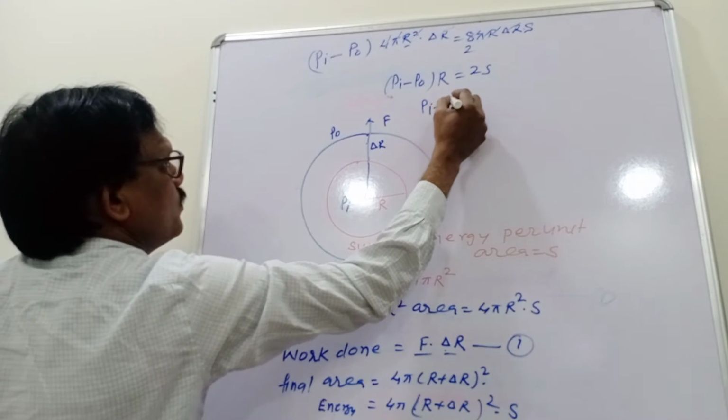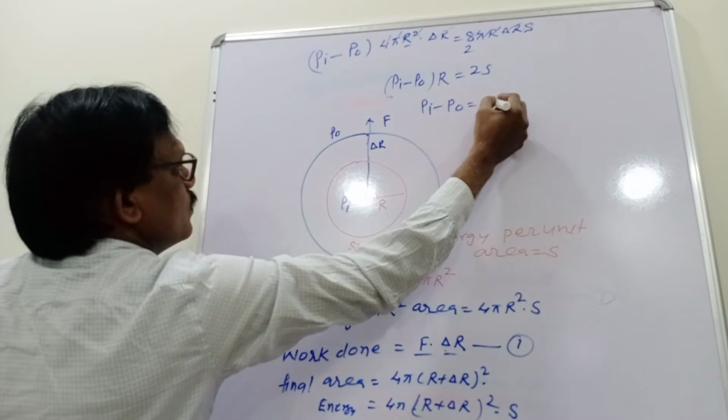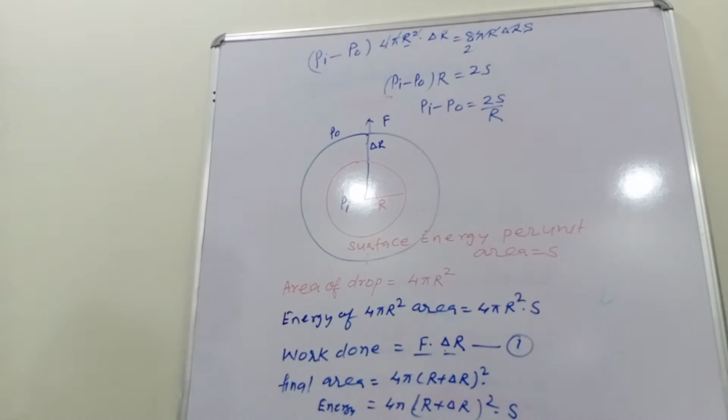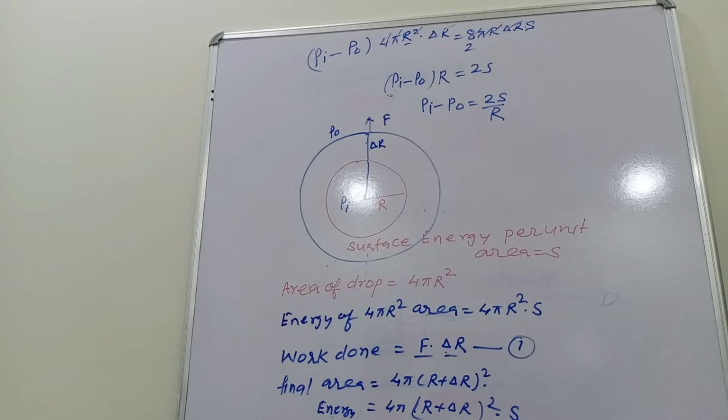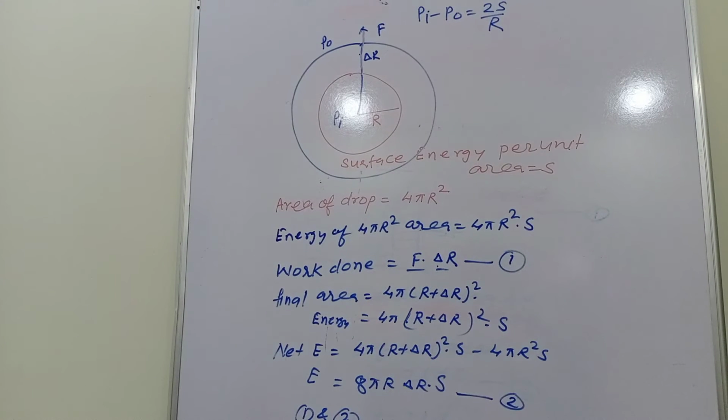Or Pi minus P0 is equal to 2S by R. And this will be the excess pressure inside a drop.